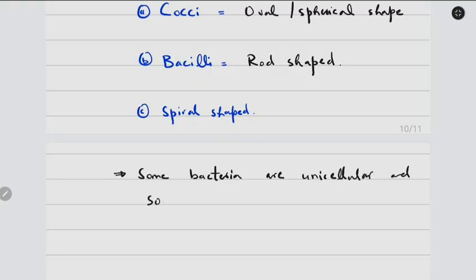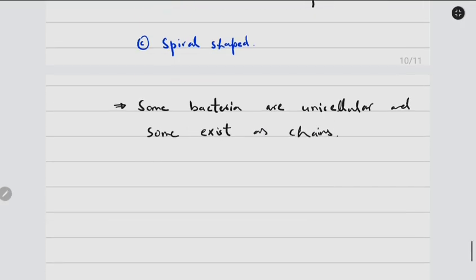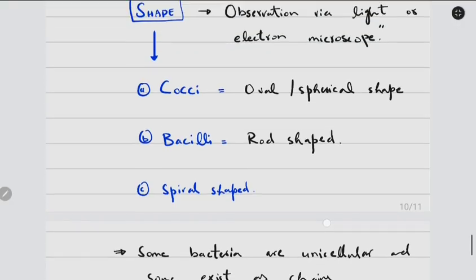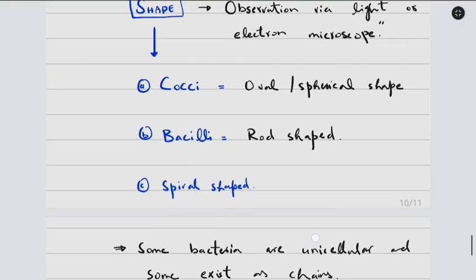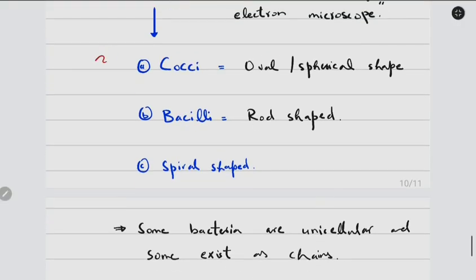And some exist as chains. So these are the things you have to keep in mind. The oval-shaped bacteria would look something like that. The rod-shaped bacteria would look like this, and spiral-shaped bacteria would probably look like that.